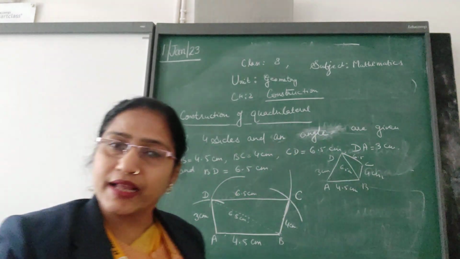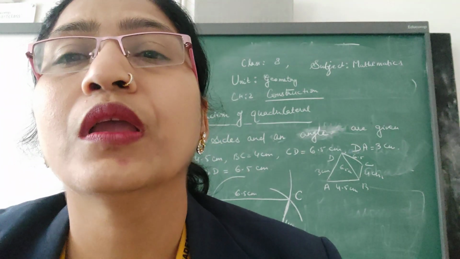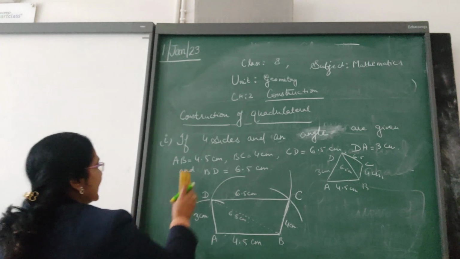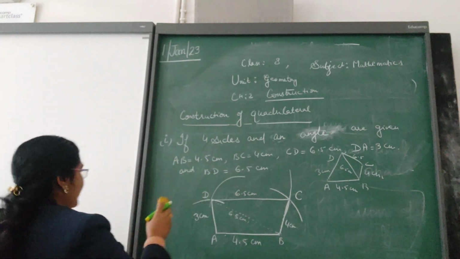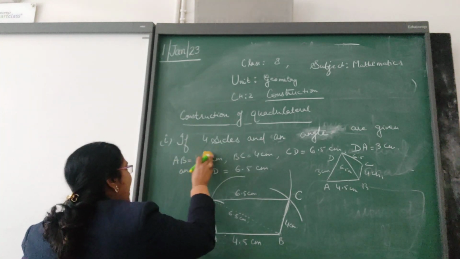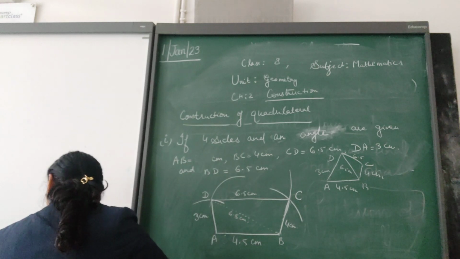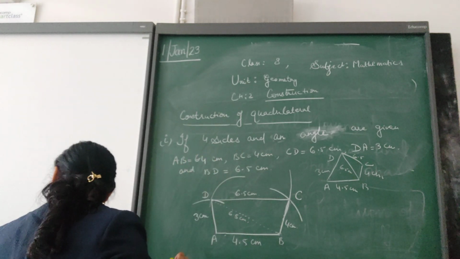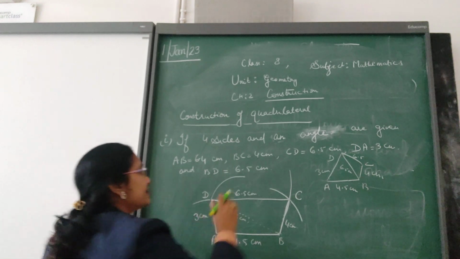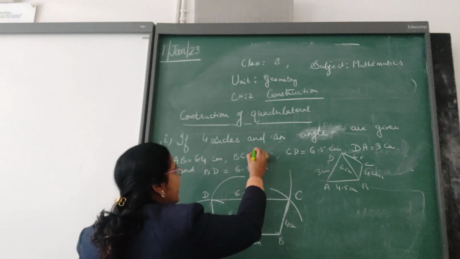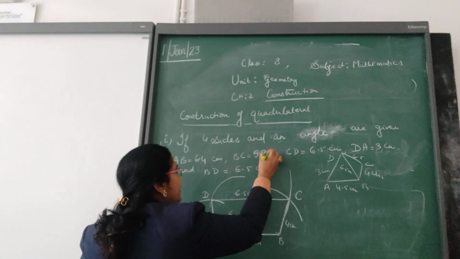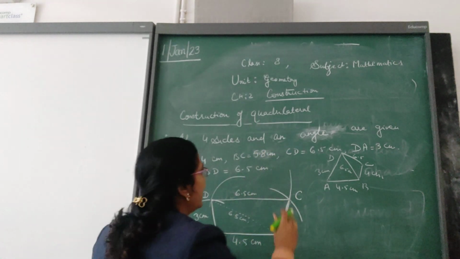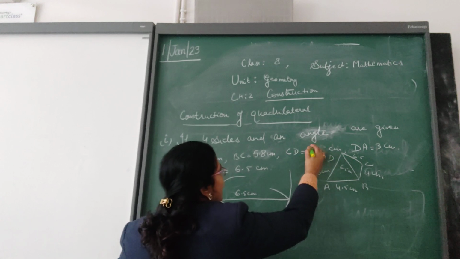So let us consider the example for this also. Now take the length AB. AB, I consider this is 6.4 centimeter. BC, I consider 5.8 centimeter, and CD, we can write 3.4 centimeter.